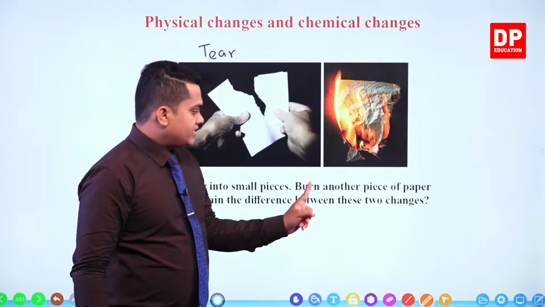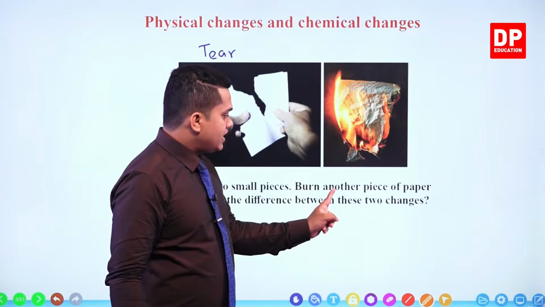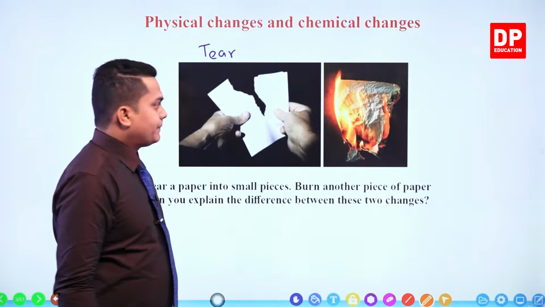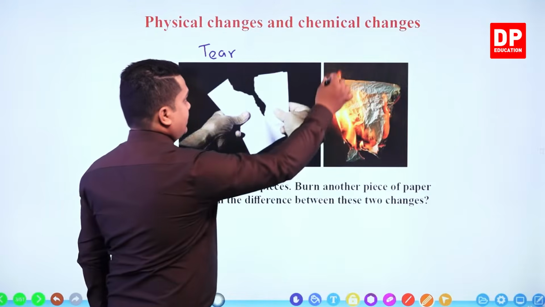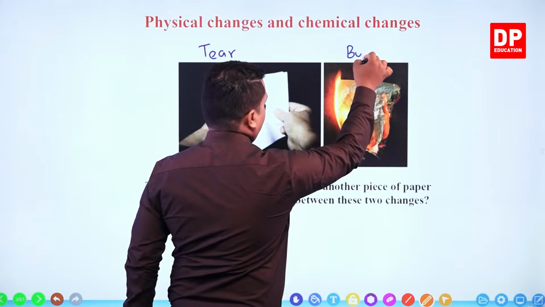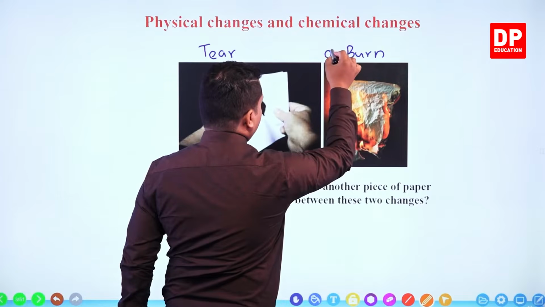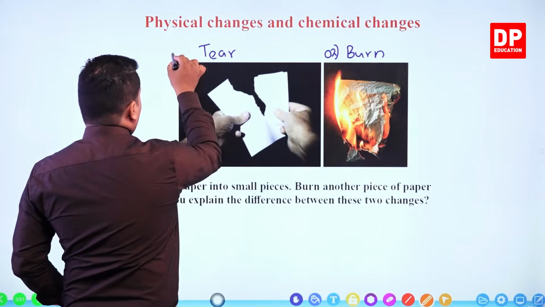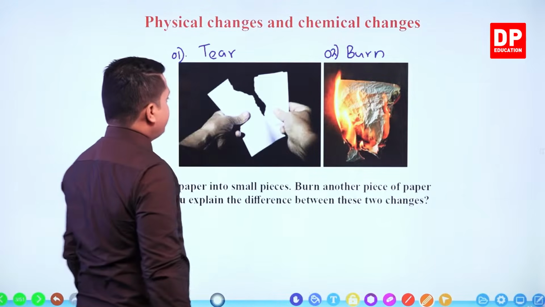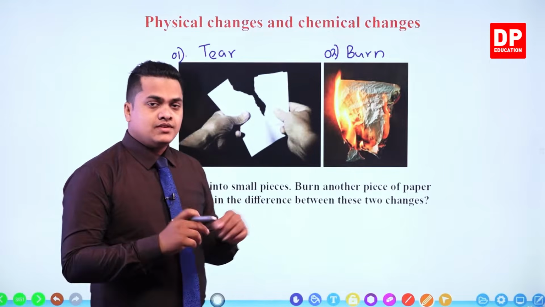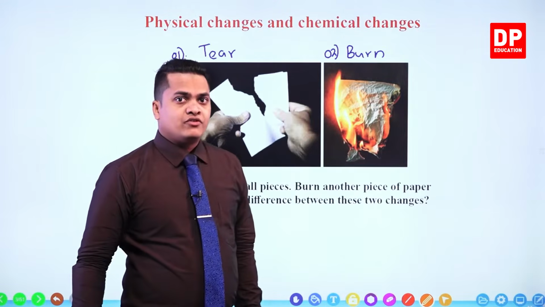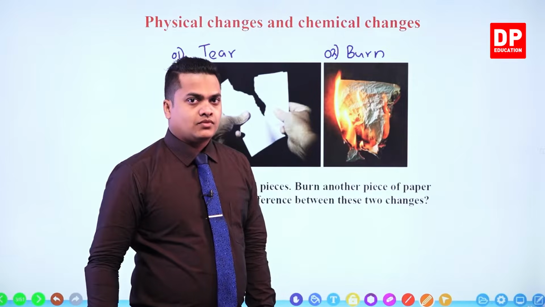In the next one, it's given, burn another piece of paper. And now we have to burn it in the second instance. So in the first instance, you have to tear it into pieces. In the second instance, you have to burn it. Right?